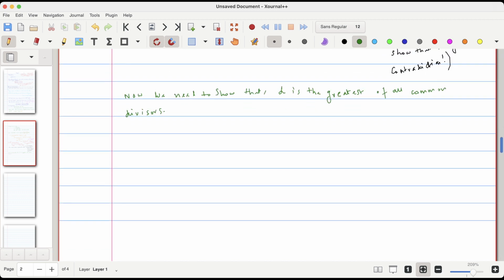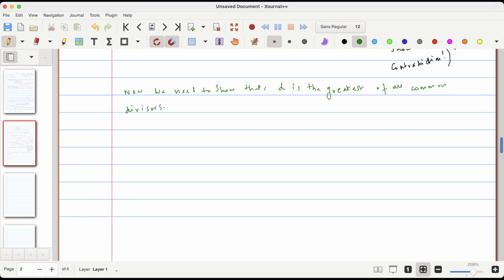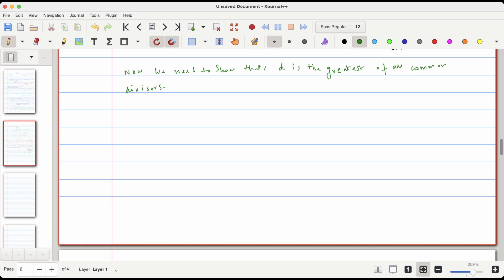Okay, so how will we show that? Assume C is an arbitrary, random, any common divisor of A and B. Then what does it imply?